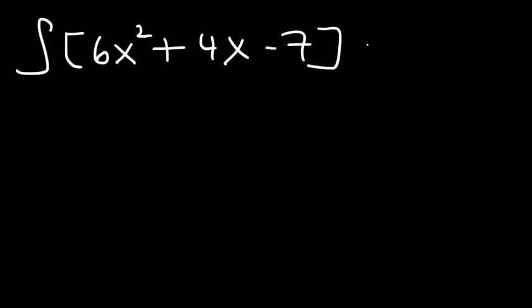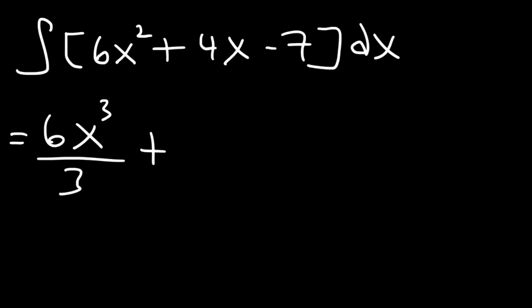Here's another one. Find the antiderivative of 6x squared plus 4x minus 7. Go ahead and find the antiderivative of that particular trinomial. So let's add 1 to 2. 2 plus 1 is 3, and then divide by the exponent.